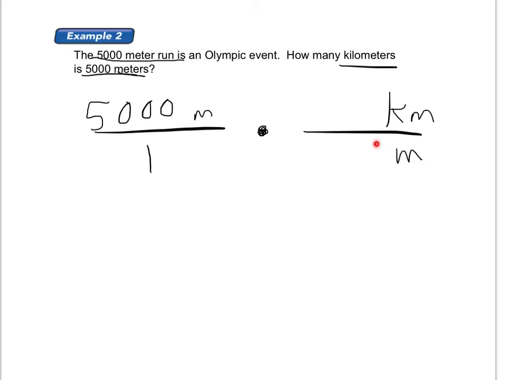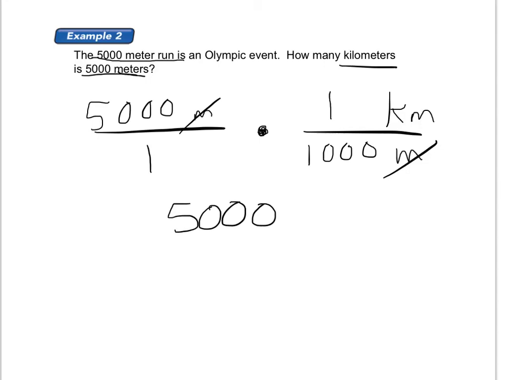Now again, I need my conversion rate. Well, you either know it or you don't know it. And if you don't know it, then you look it up in your book or on Google or something. Well, I know that 1 kilometer is 1,000 meters. My meter labels are going to cancel out because one's on top and one's on bottom. I can multiply across the tops, or I can cross cancel. I'm going to multiply across the tops. So 5,000 times 1 is 5,000.